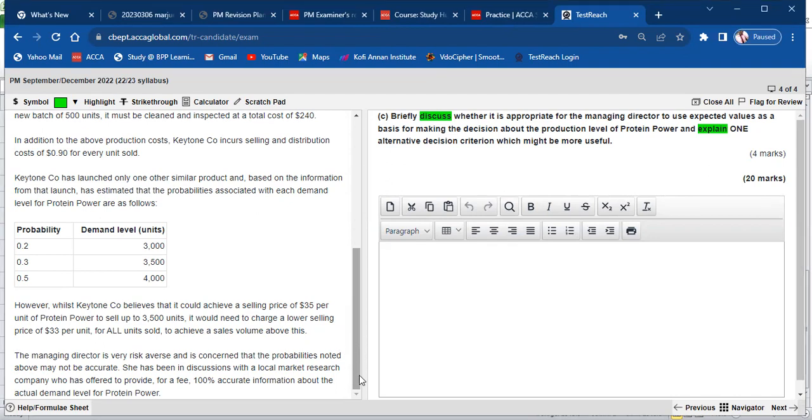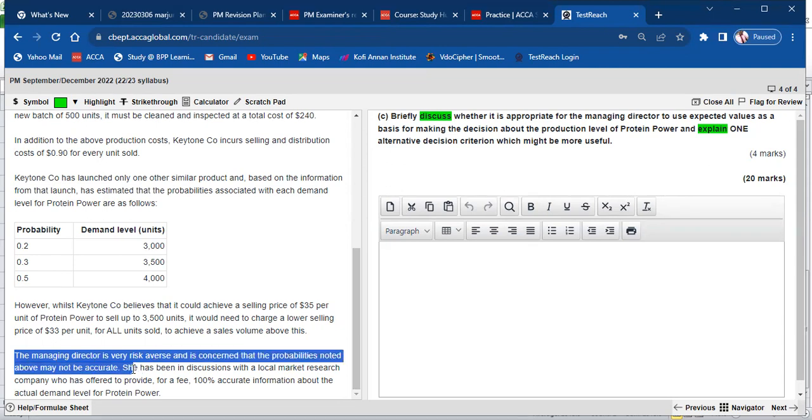The MD is risk averse and is concerned that the probabilities noted above may not be accurate. Okay, risk averse managers who have knowledge of probabilities use expected values. So considering the risk attitude of the MD, it is appropriate to use expected values. Considering the fact that probabilities have been assigned from products that have been launched in the past, although it's just one product launched in the past, expected value use is fine.